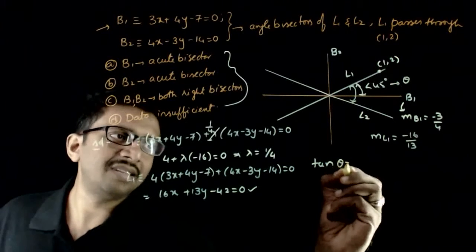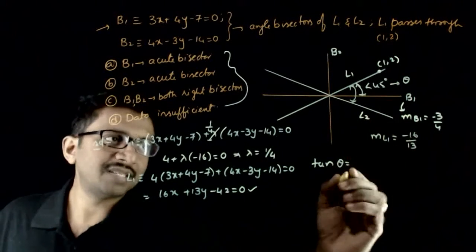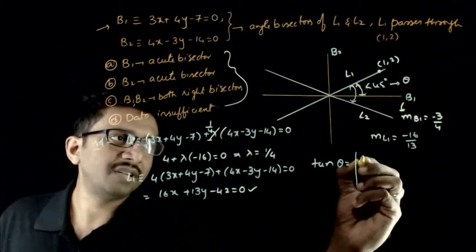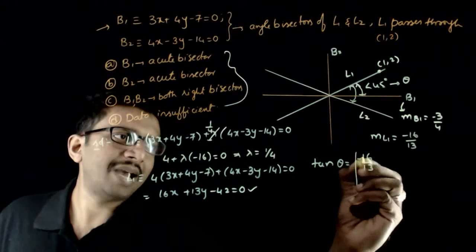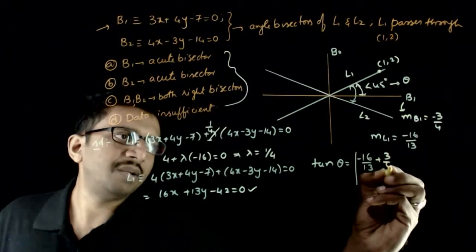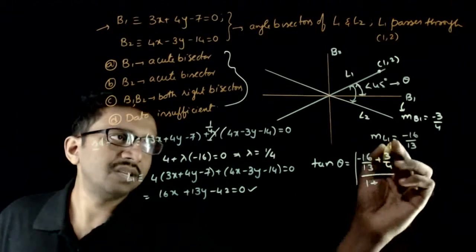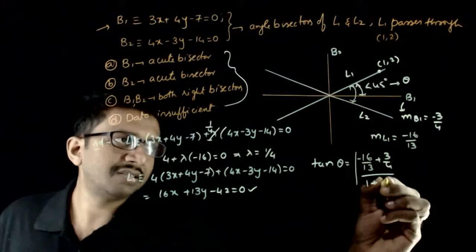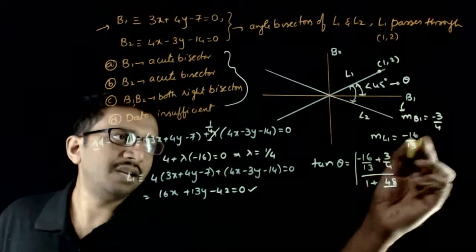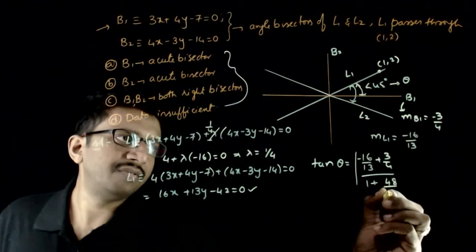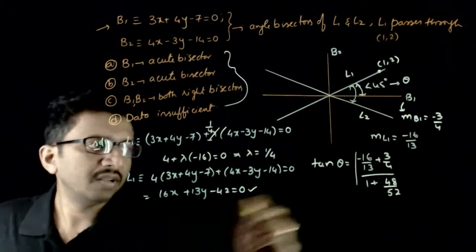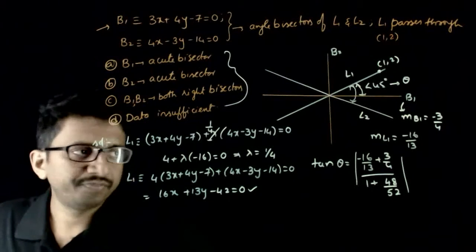So tan theta is equal to the mod of (m2 - m1)/(1 + m1 m2), which is (-16/13 + 3/4) divided by (1 + 48/52).